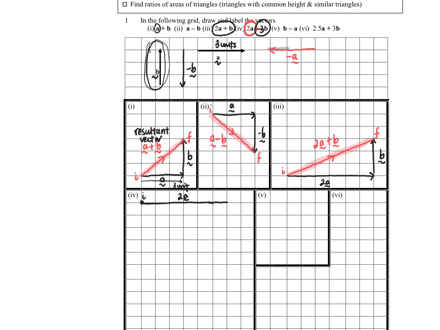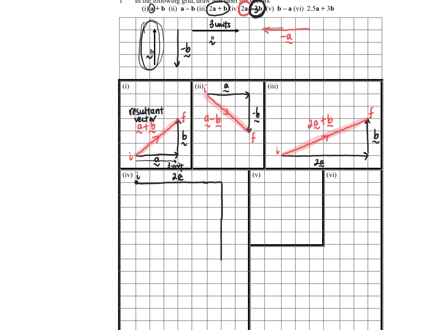Okay, and then I want to move downward 9 boxes. So 1B, 2B, 3B. Just make sure you have enough space to move downward by 9. Your initial point may be lower than mine, it doesn't matter. Just make sure that your final one is similar.